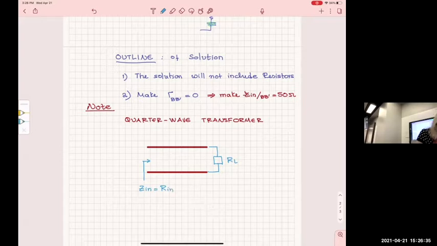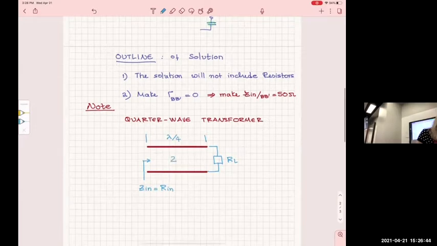then I can find a quarter wavelength section of a line whose characteristic impedance Z1 will be the square root of these two reals, RL and Rin.